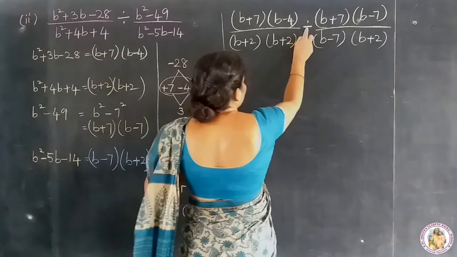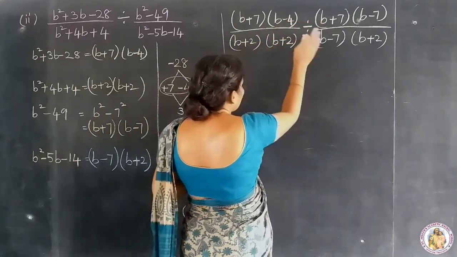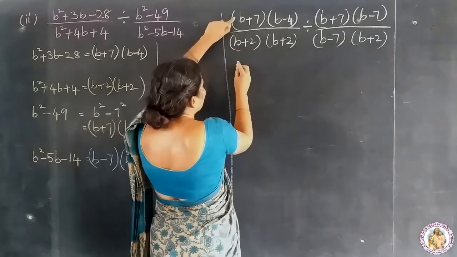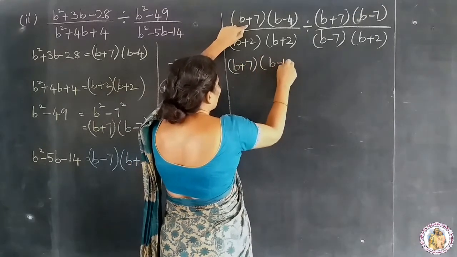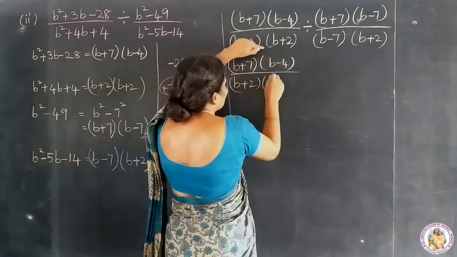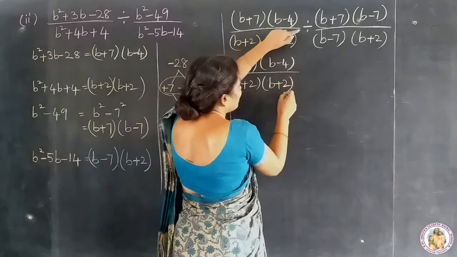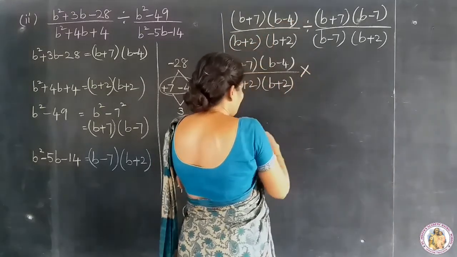Here we have division, so we have to take the reciprocal, numerator as denominator and denominator as numerator. So write (b plus 7) (b minus 4) divided by (b plus 2) (b plus 2). In the place of division, give multiplication.